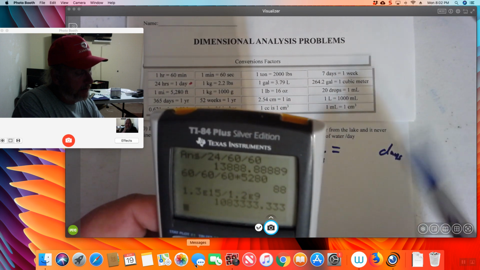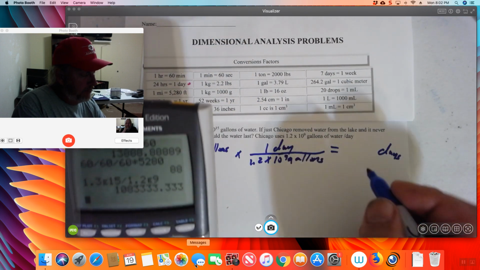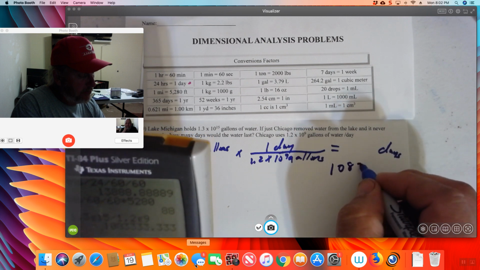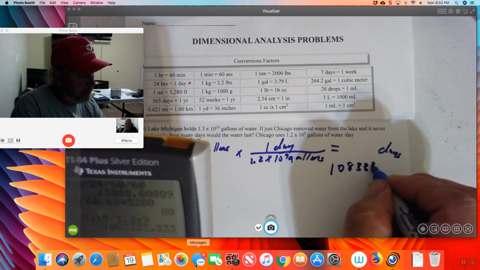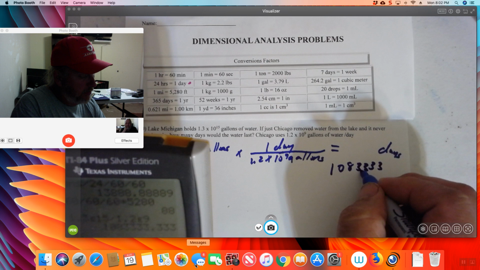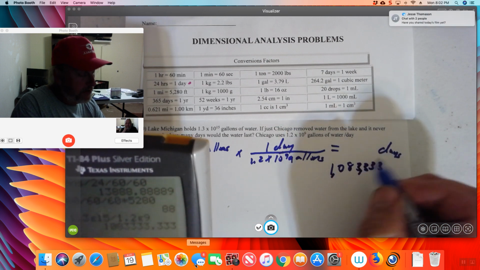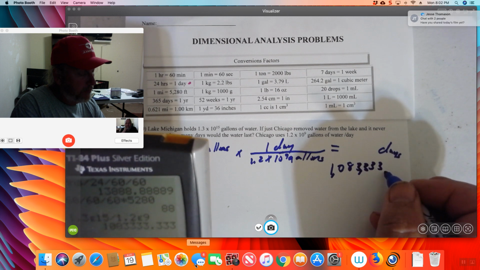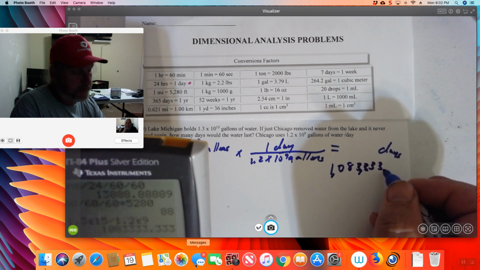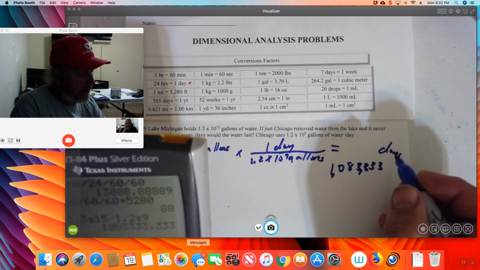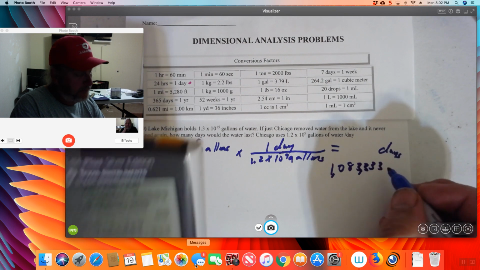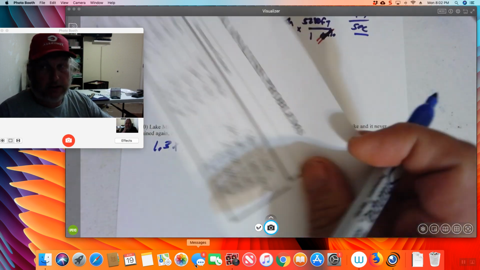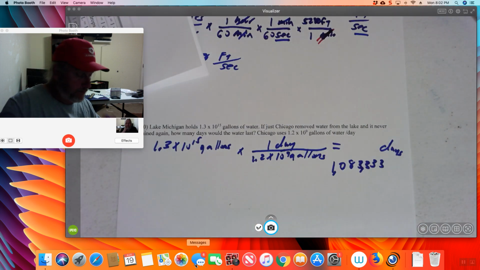And I get this many days. 1,083,333. So Lake Michigan has 1 million days of water for Chicago. That's a lot. Chicago ought to be good for water right now.